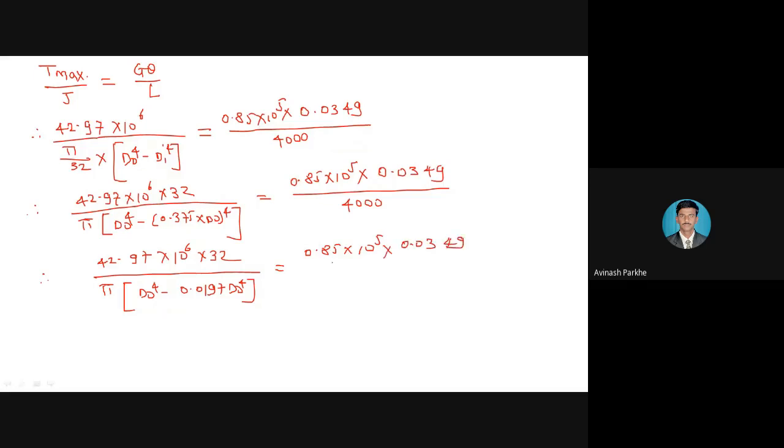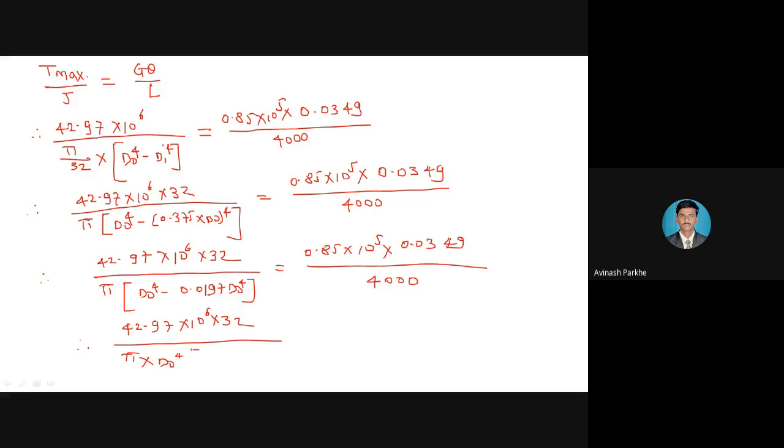0.0349 divided by 4000. Now here at the left side, do raised to 4 is the constant term. So I will take it outside the bracket: 42.97 into 10 raised to 6 into 32 divided by pi as it is, do raised to 4.